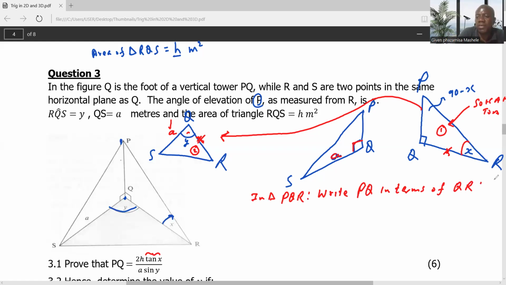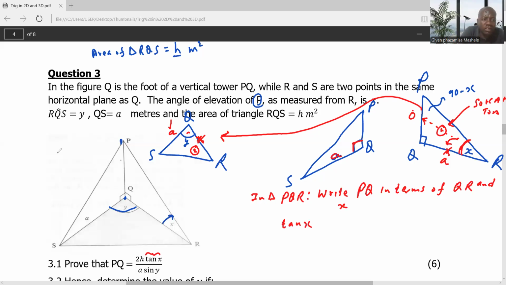And X in terms of QR and X. It will be easier that way. So we first identify the angle. The angle is X. What is the opposite of X? The opposite is PQ. And what is the adjacent? It's QR. So we're going to use opposite over adjacent, which is just tan. That's why we have tan here, okay? So I'm going to say tan of X.